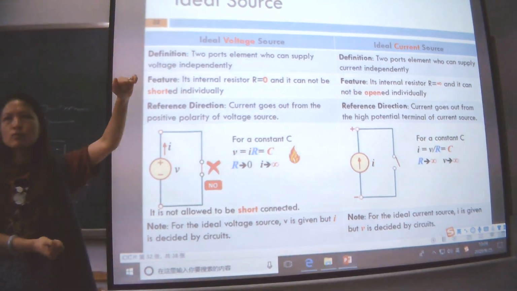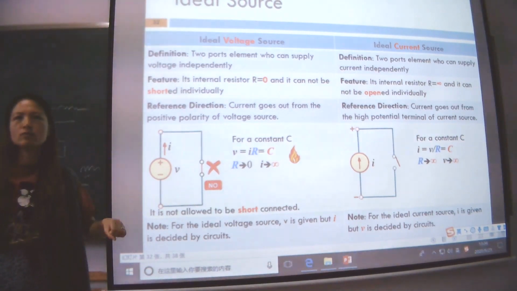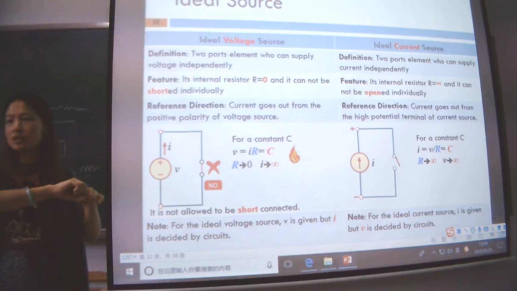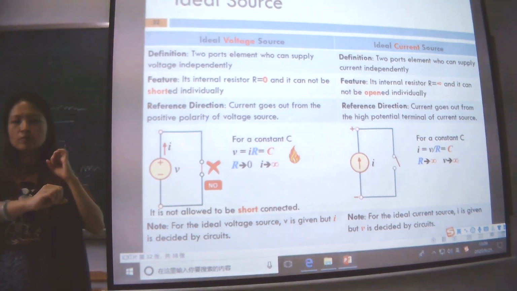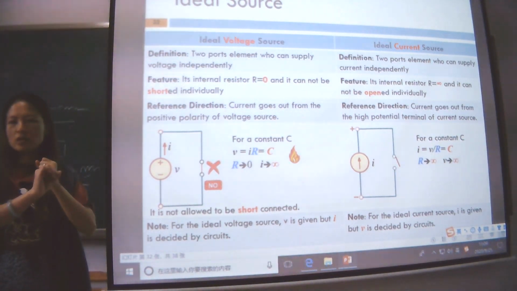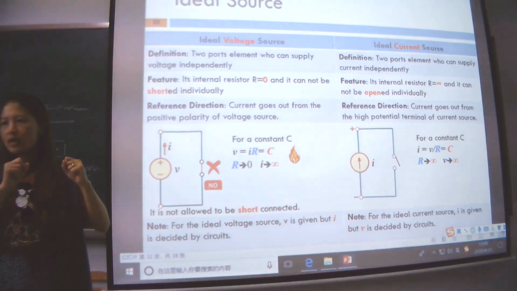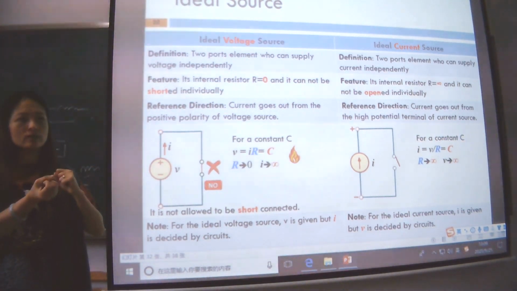For example, we have a wire, and we have some skin on the top of the wire. If the voltage is very large, the skin will be broken.